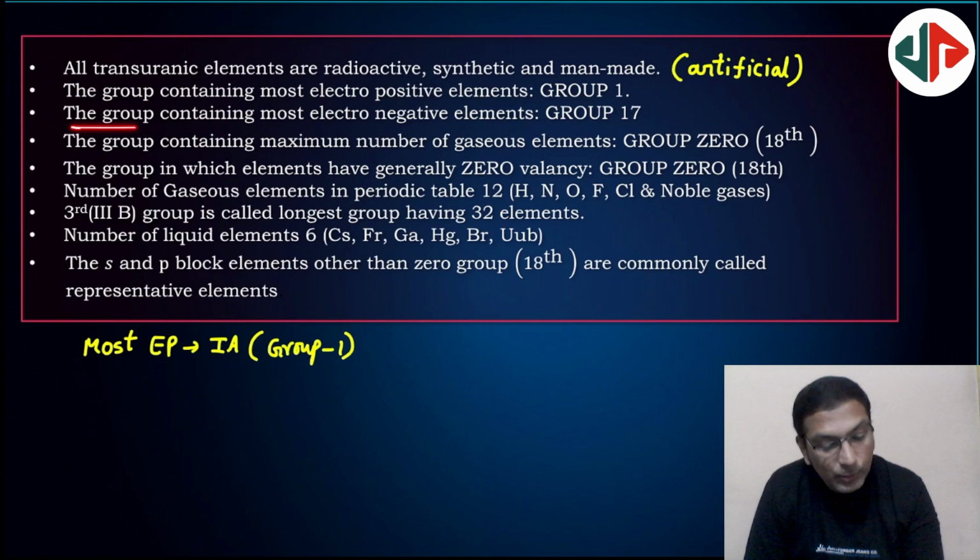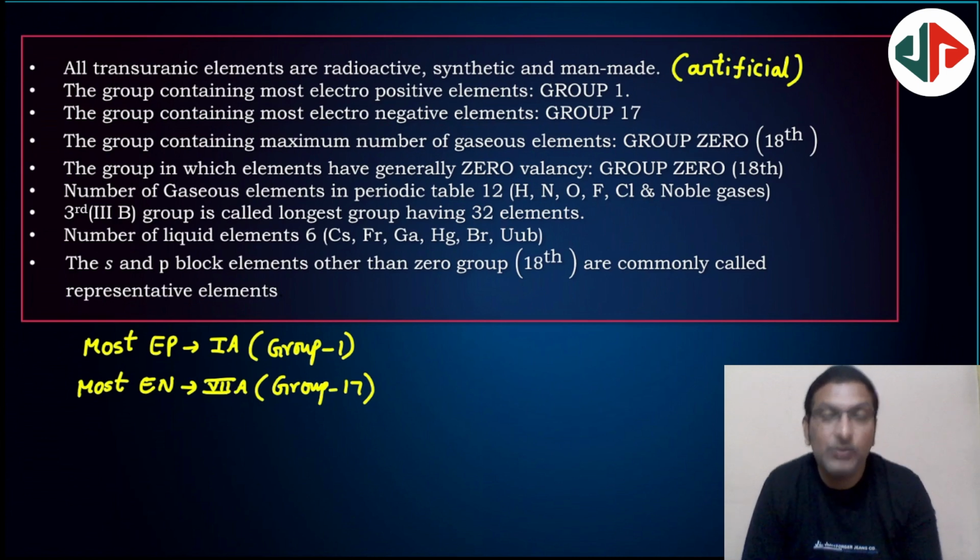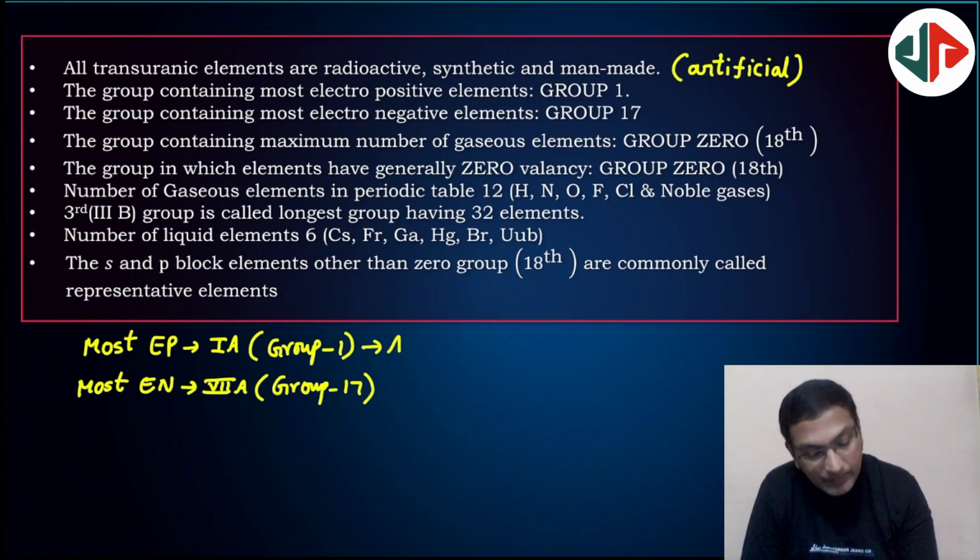Next, group containing most electronegative elements: group 17, or 7th A. Group 1 is alkali metals, group 17 halogens.